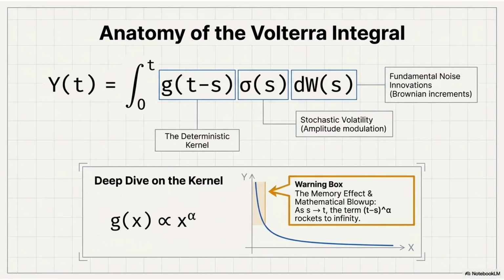This memory blow up is the core mathematical challenge we have to solve. Which makes sense because as we approach the present, we theoretically give the one or two steps before the present infinite weight.